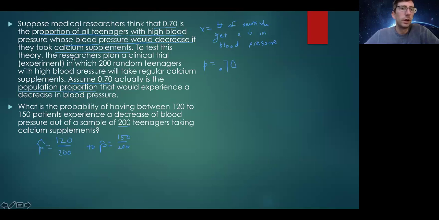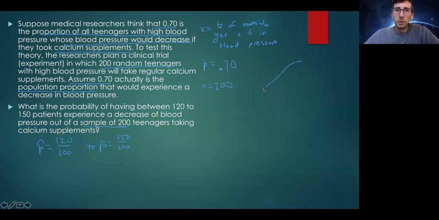We're told that to test the theory, the researchers plan a clinical trial or an experiment in which 200 random teenagers will take calcium supplements. So the word sample isn't really in here, but from this sentence, we can tell that our sample size n is equal to 200, which we've also assumed already down here, and we are also asked about it here as well.